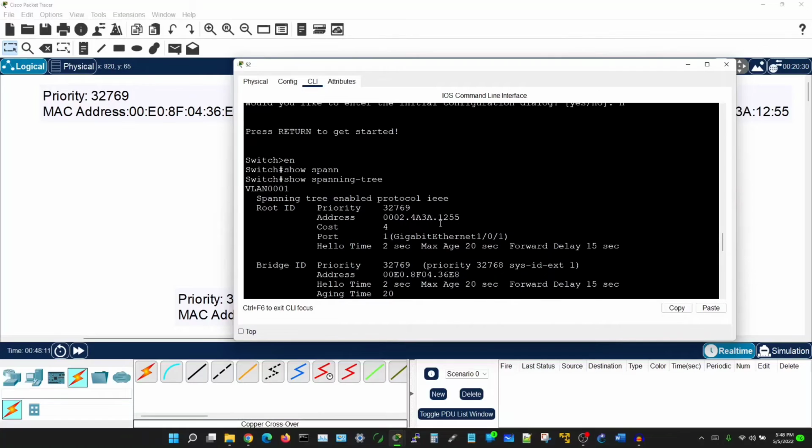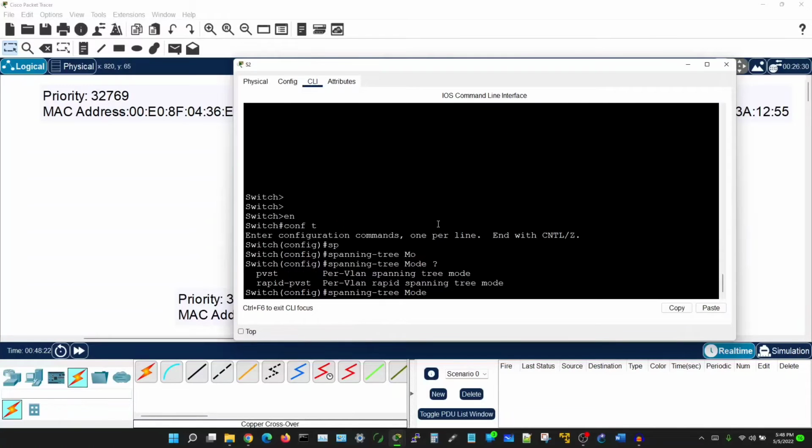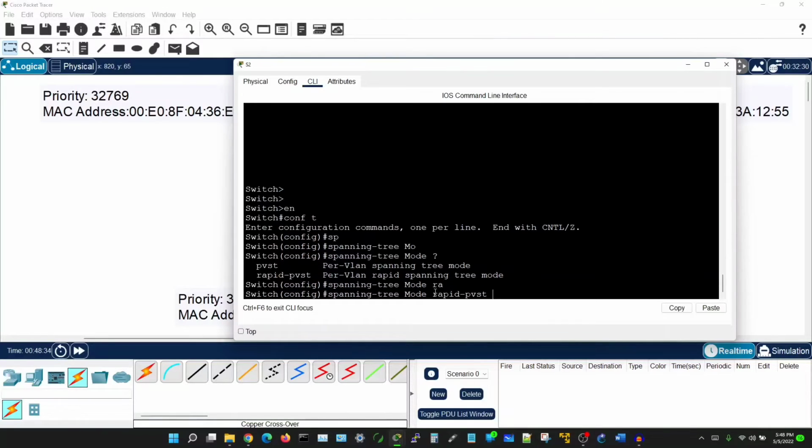So if we take a look here, we were running the old spanning tree version, and the convergence for this is long, so it's gonna take less time to converge if something happens if we use rapid per VLAN spanning tree. So let's see if we can do that.